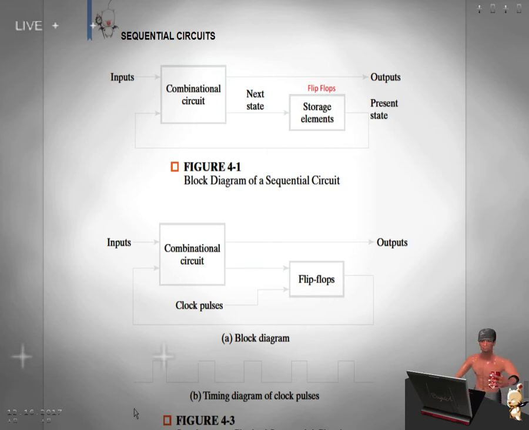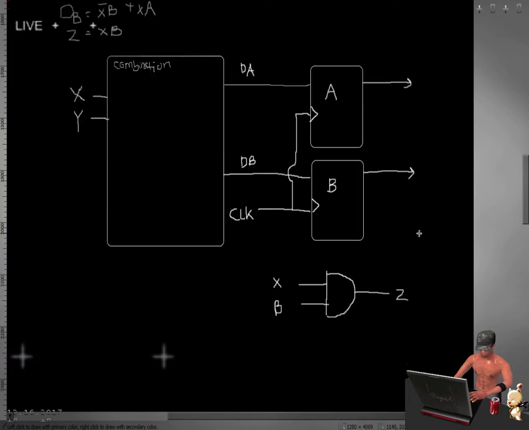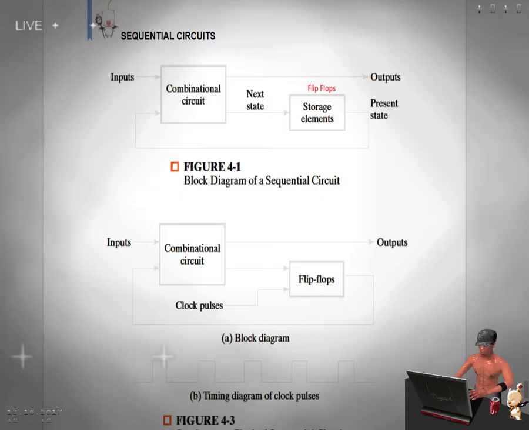Okay, so I just want to make this clear, because at this point it gets really confusing. Basically, hold on, the output's weird.